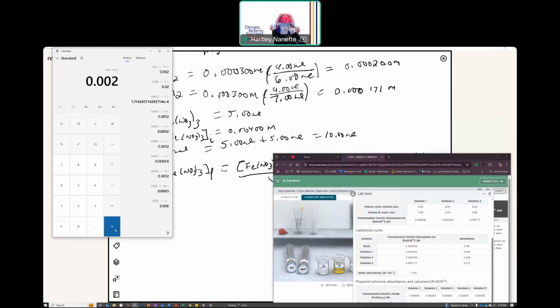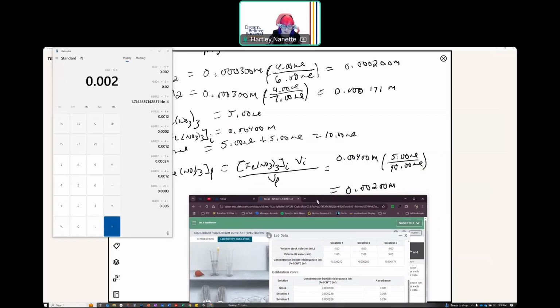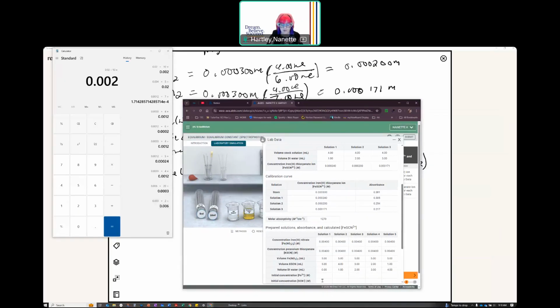Half of what I started with, which makes sense to me because I diluted it by half. So the initial concentration of this one is 0.00200. The others are 0.00200 as well.